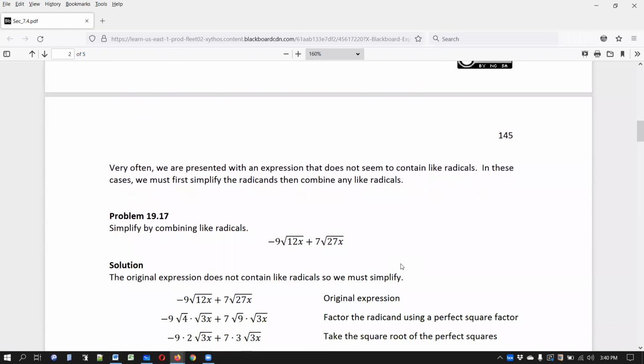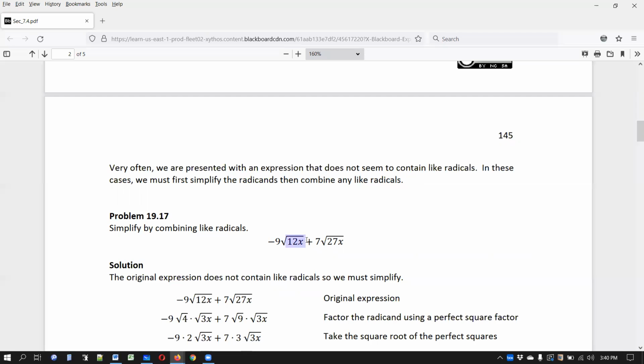Same thing here, for example. When we look at this example, the very first thing that we see is that the value inside the radical, 12x, is not the same as 27x. So at first sight, these two are not what we call like radicals. So we would not be able to perform the addition.